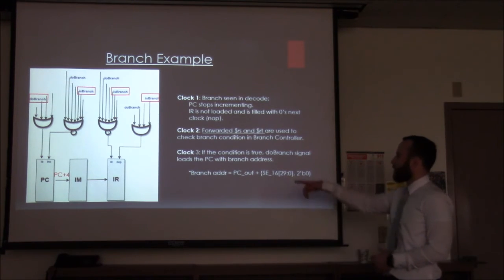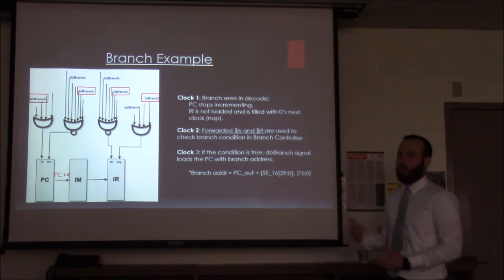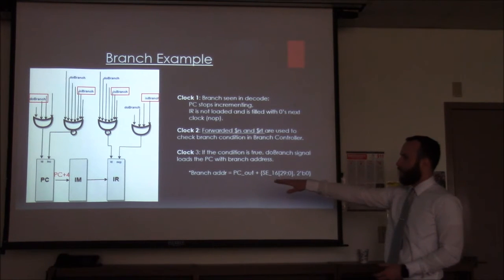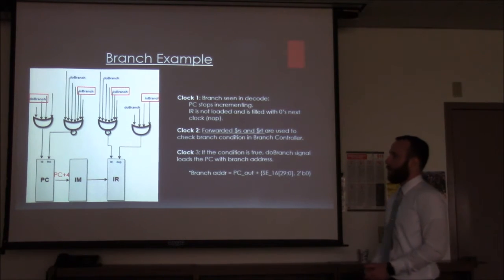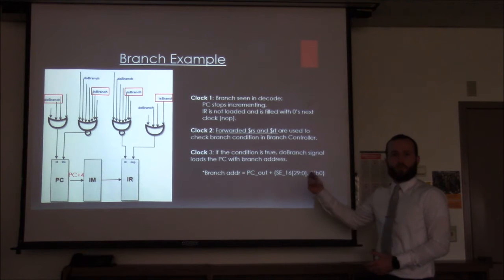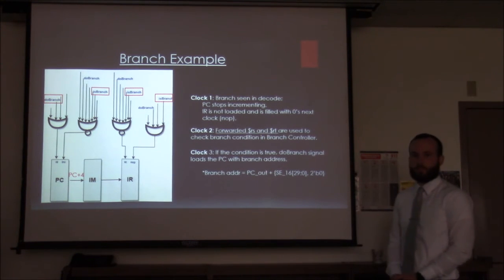There you go. Got it. Because we no-op the IR, we would no longer have a sign extended value coming out. It would just be zeros. And then for the PC out, the PC plus 4 just represents that since we stopped incrementing the program counter once we saw the branch, the next instruction is already sitting there on PC out. We don't have to add anything to the PC or subtract anything from it. No, that helps. Yeah, thanks.